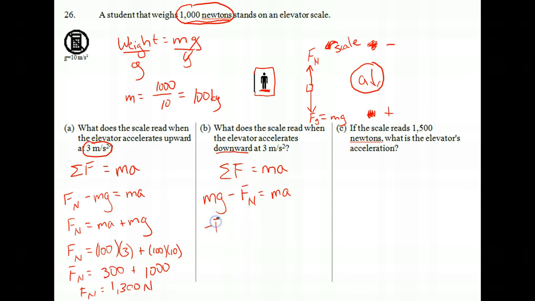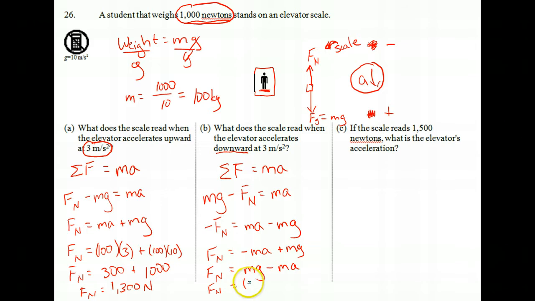Right, so we could say negative Fn is equal to ma minus mg. So that's negative Fn. So then we need to flip the signs. And when you flip those signs, it would be negative ma plus mg, or really we would probably write it mg minus ma here. It's really probably how you write that formula out. So then you just plug in your numbers to solve for normal force.